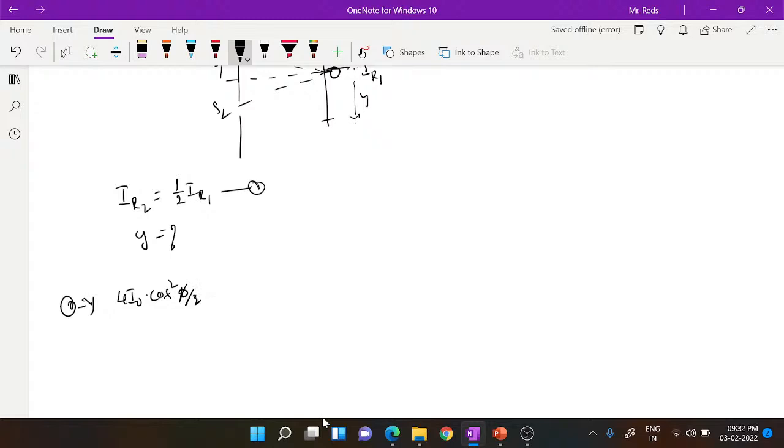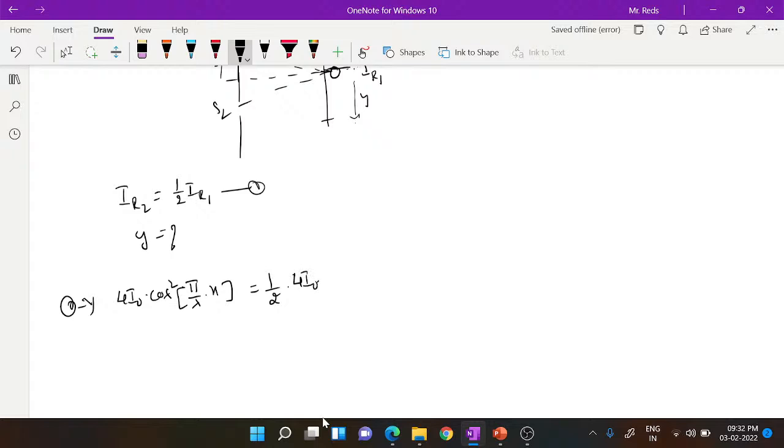Because we want y, we need it in terms of path difference. In terms of path difference, it is pi by lambda into x, right? Yes, this is equal to 1 by 2 into, at this central maximum, 4 I naught only, right? Yes, the center thing is 4 I naught.